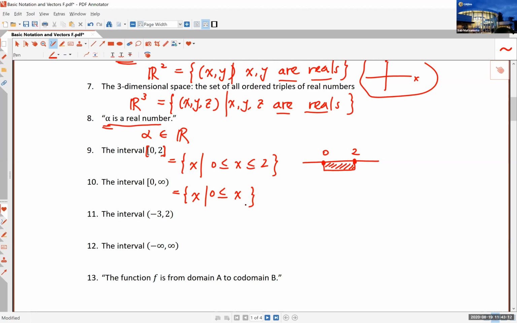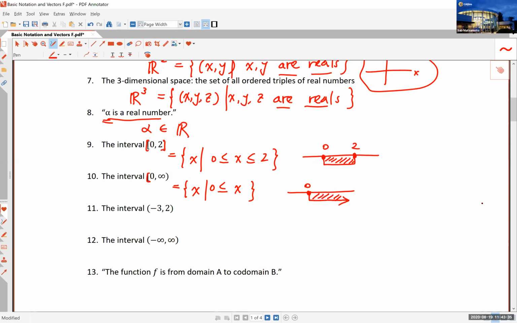It's a little slower. That's all you have to do. And of course, you don't have to specify the largest number because there is no maximum number here, right? And because there's a square bracket here, the number 0 is included, and then you can write the rest of it this way.